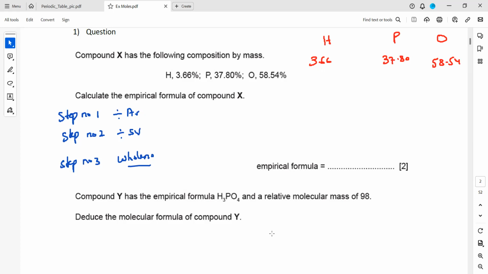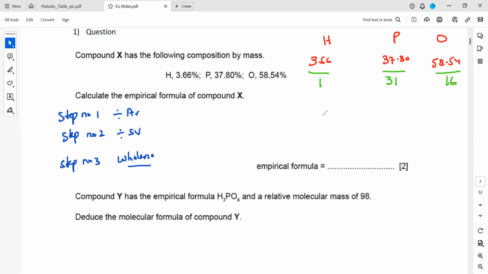You can use chat, you can use mic. Hydrogen is 1. What about phosphorus? Right, 31. And what is the atomic mass of oxygen? That is 16.